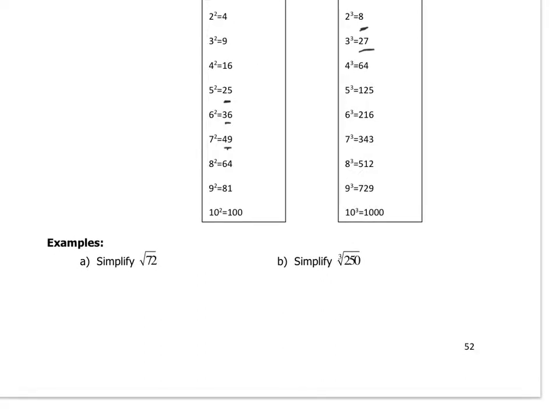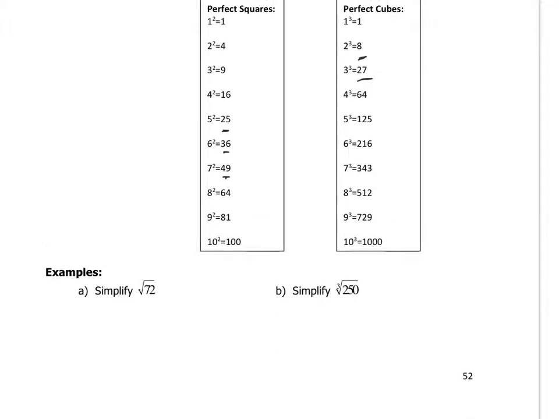So the first one, if we take 72, we go to our list of perfect squares, because it is a square root that we're trying to break down. If we go through the list of perfect squares that are less than 72, and see which of those perfect squares, if any, is a factor of 72, we find that 36 is a factor of 72, and it's the largest perfect square factor.